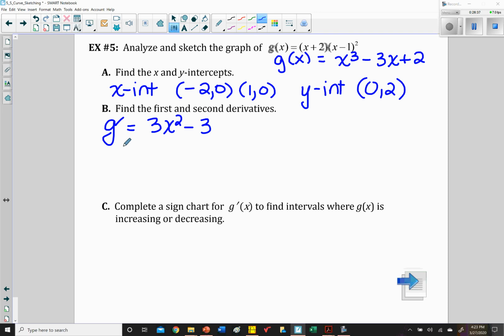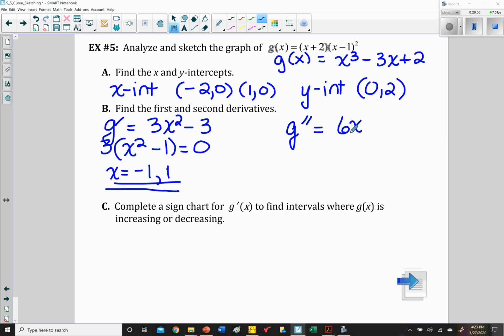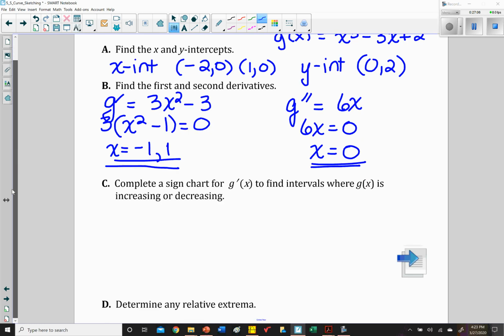So factoring out a 3, we have x squared minus 1 is 0. Dividing by 3, our critical numbers for the first derivative are -1 and +1. And for the second derivative, our possible point of inflection would be at 0, or the critical number of the second derivative.